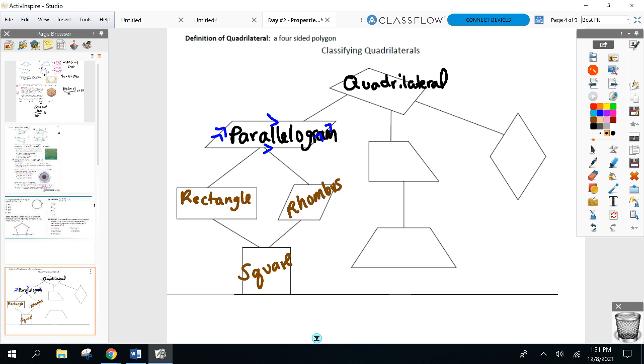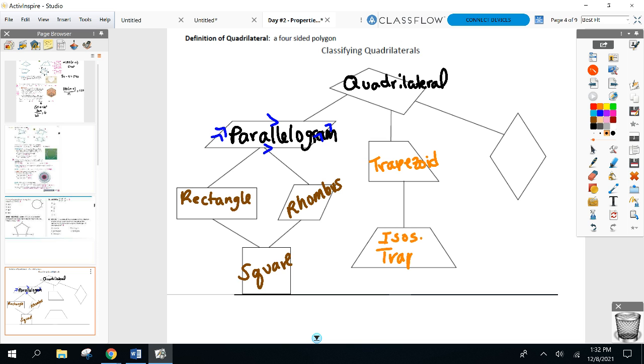Anybody know who the second family is here based on the way I've drawn these? You've seen these shapes before. Trapezoid? Tony, the trapezoid, yes. Who else could be with the trapezoid right below? The souped up version, version 2.0. Isaac, the isosceles trapezoid.